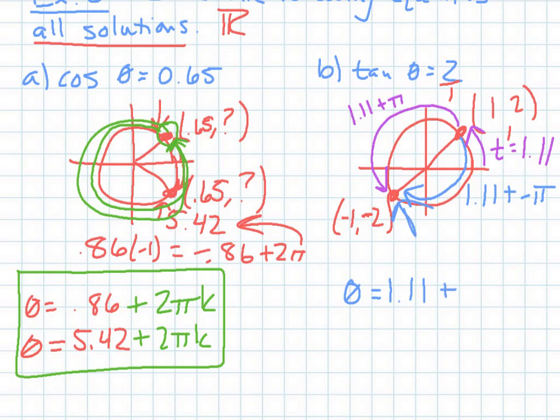Instead of saying plus 2 pi k, I can say just plus pi k. So the k represents how many pi's you're going around the circle, so it's like half of the circle to get to that same point. But I'm catching all of the solutions at the same time.